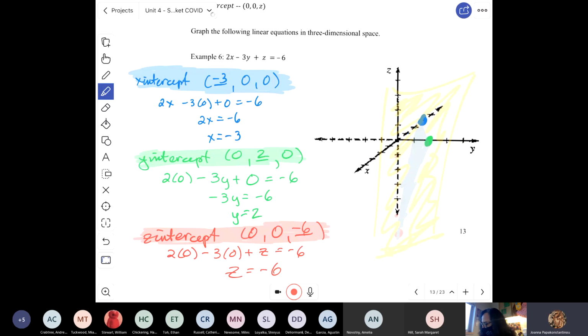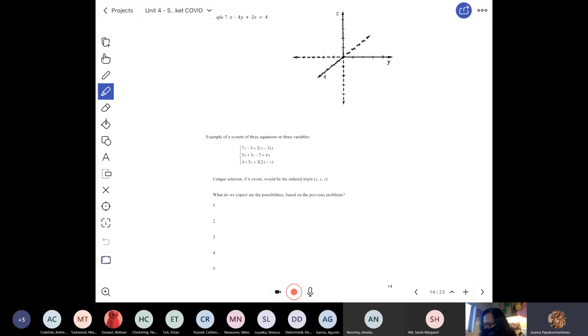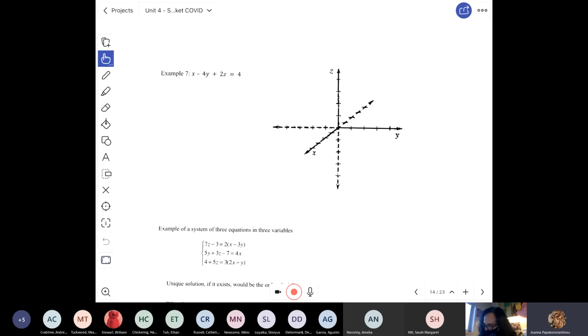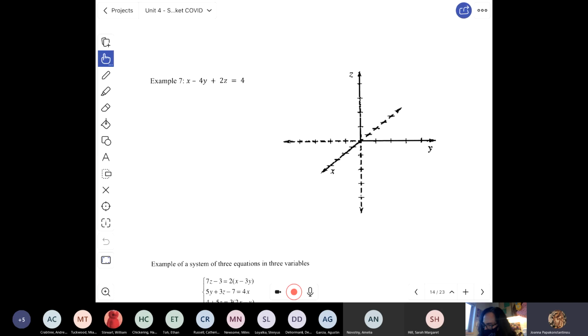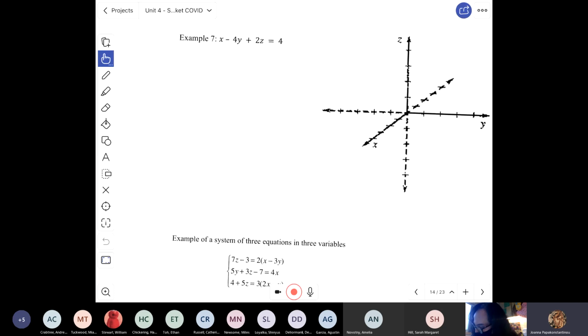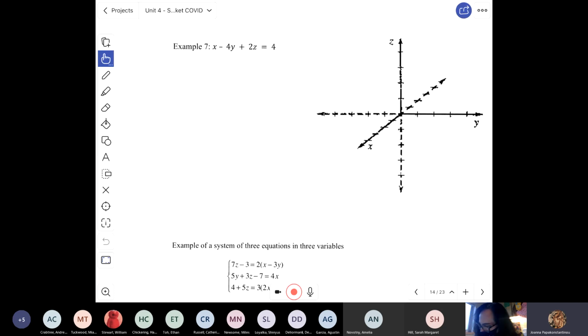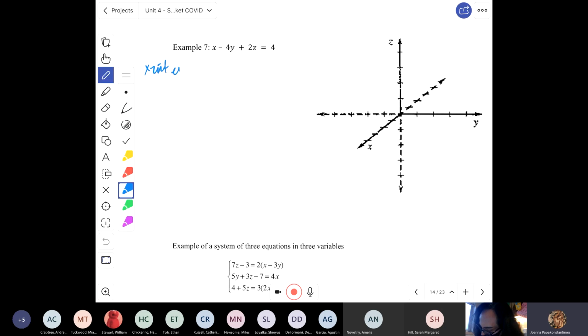Okay, let's try another one. Here we go. I want to graph this plane. I'm going to graph this plane by finding my intercepts. My x-intercept.